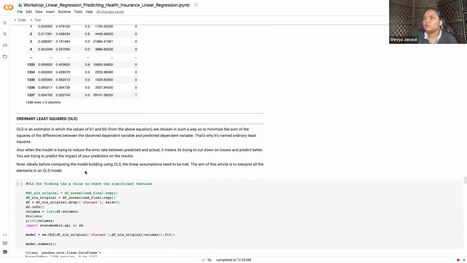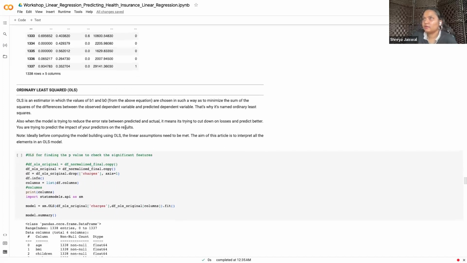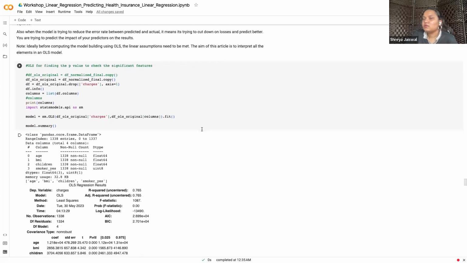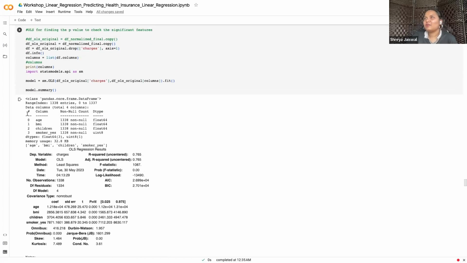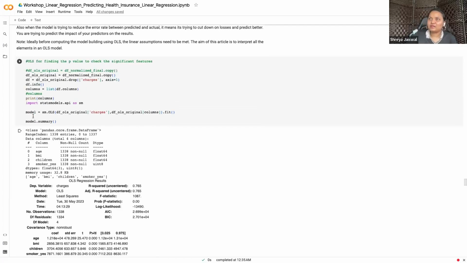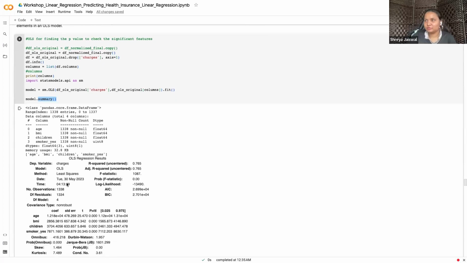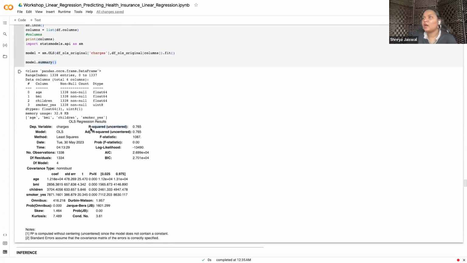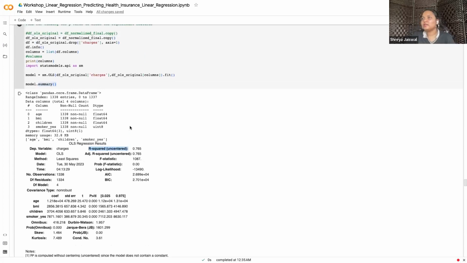Okay, so let's move on to the ordinary least squares part. This is a predefined function. Model.summary already gives us a lot of statistical values. What I would focus on is the R squared value. It tells how important our independent variables are in determining the response variable.